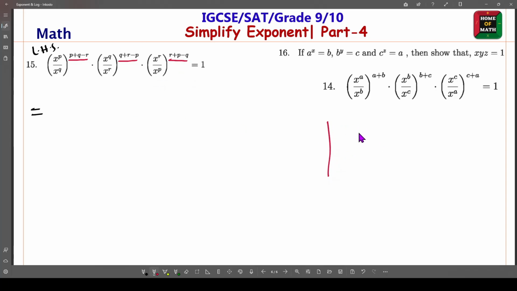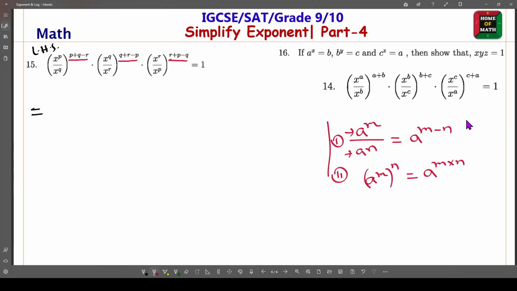So we know a to the power m divided by a to the power n equals a to the power m minus n. What does that mean? It means once the bases are the same, in division the powers will be subtracted. This is one thing. Second thing, suppose a to the power m whole to the power n, it means a to the power m times n.